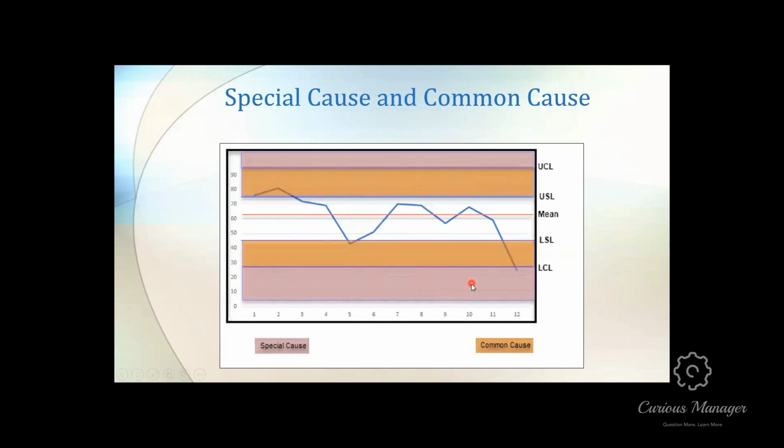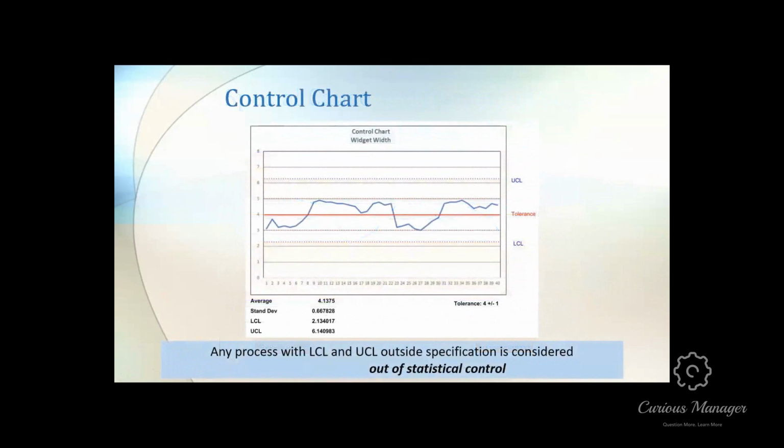Now, if you remember the data that I had earlier, you notice that all of these dots are inside of our specification limits. But the upper and lower control limits are outside the bounds of the specification limits, basically being out of statistical control.